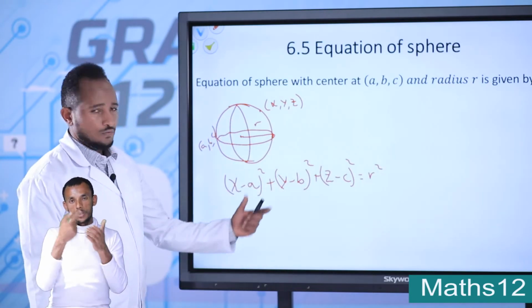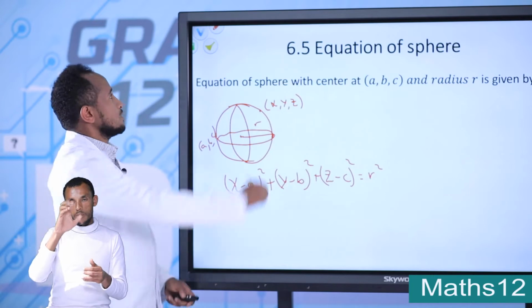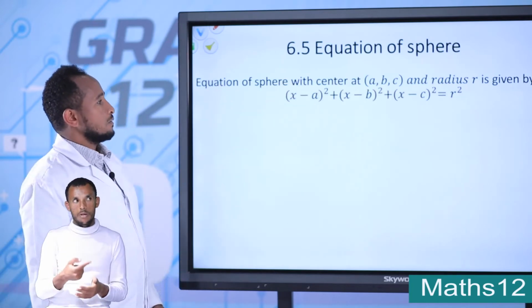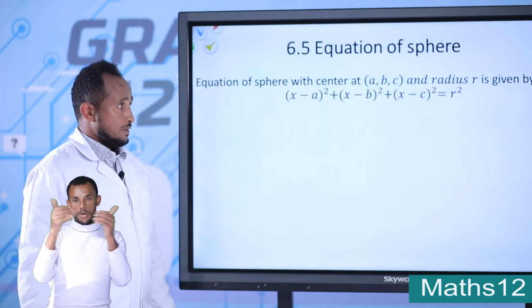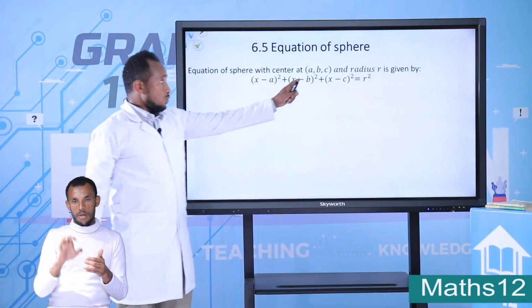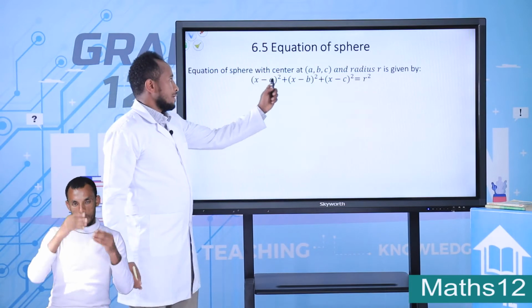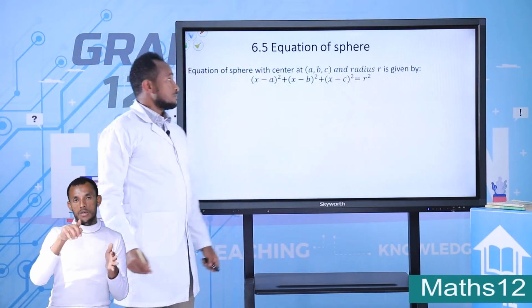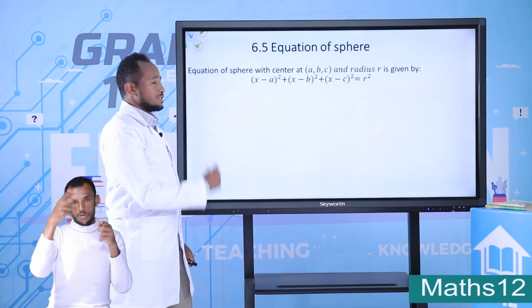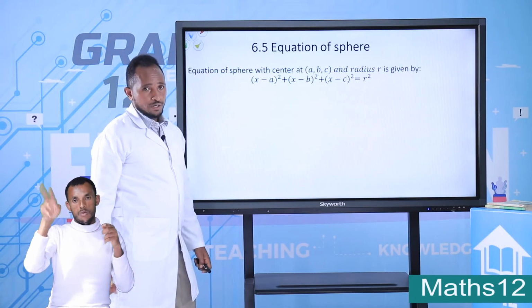So this is the equation of a sphere. Therefore, the equation of a sphere whose center is a, b, c and radius r is given by x minus a the whole squared, plus y minus b the whole squared, plus z minus c the whole squared, is equal to r squared.